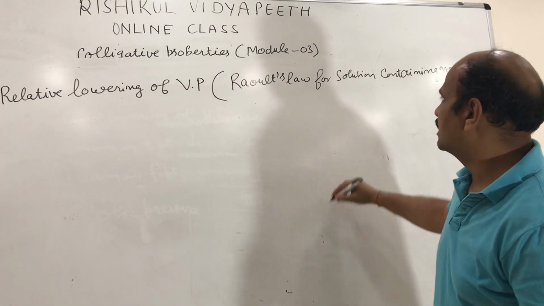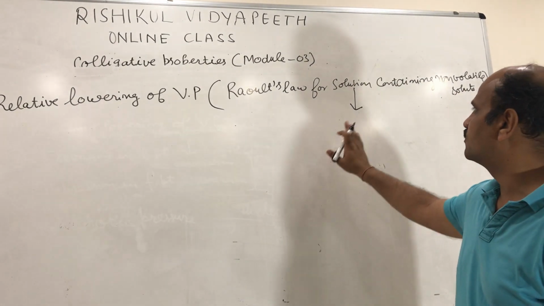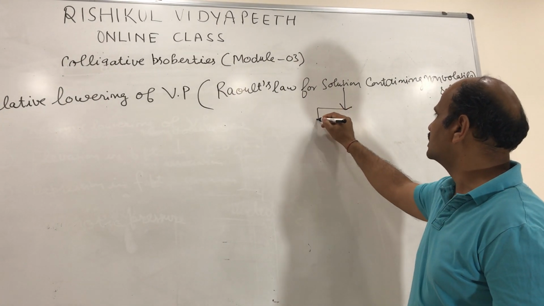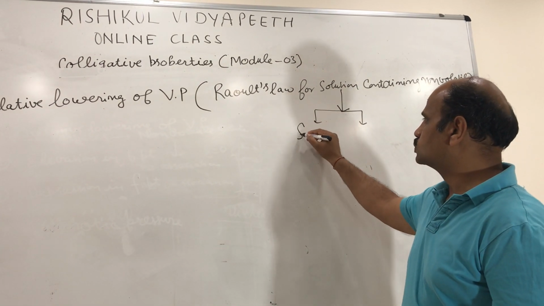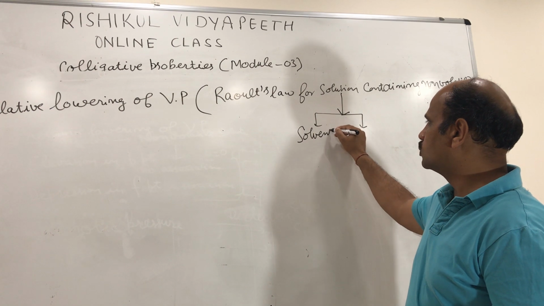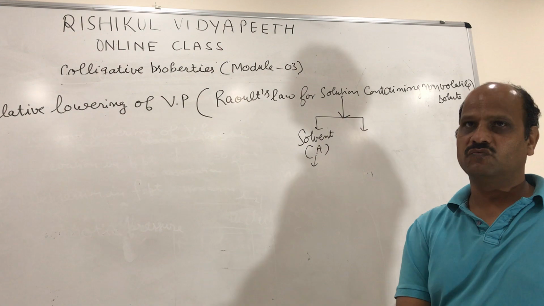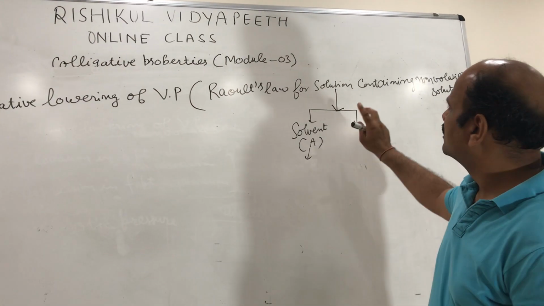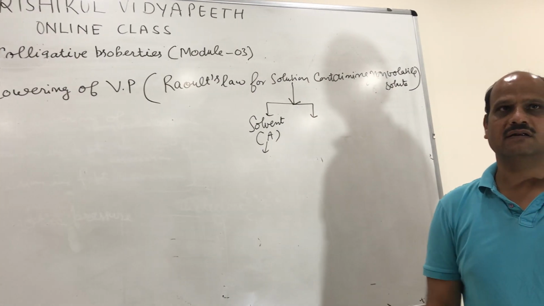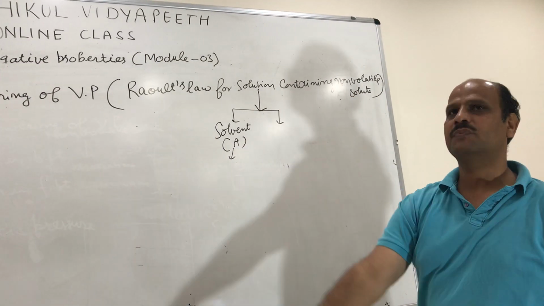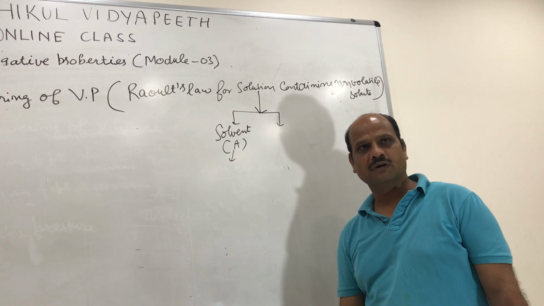Here we are discussing vapor pressure for solution. In solution, you know there are two components, solvent and solute. Solvent is denoted by A, and it is volatile, a liquid. Both components can't be non-volatile, because non-volatile substances do not show any vapor pressure.